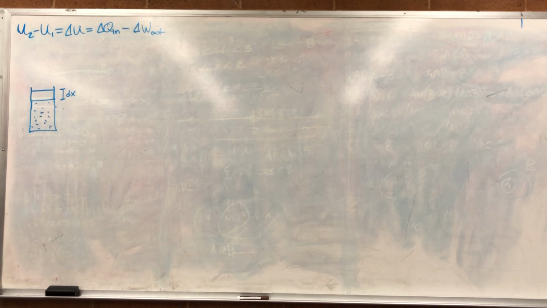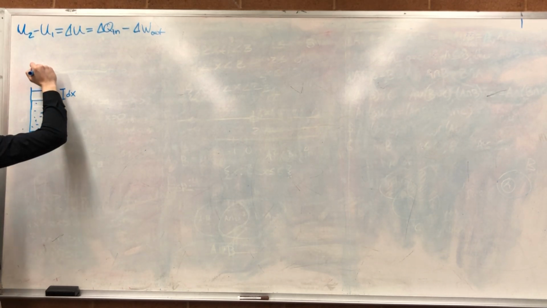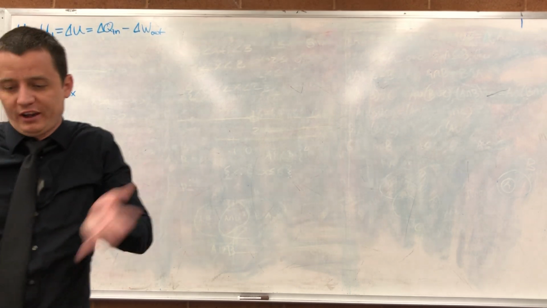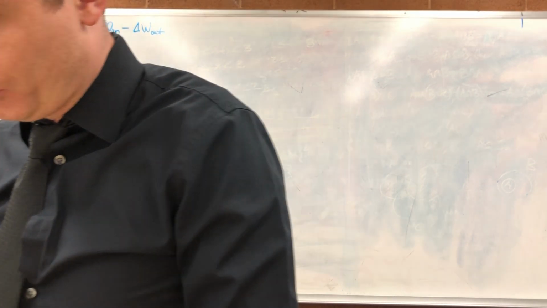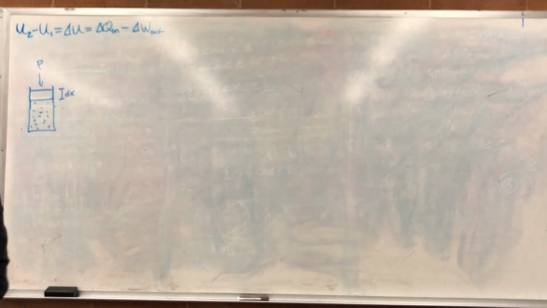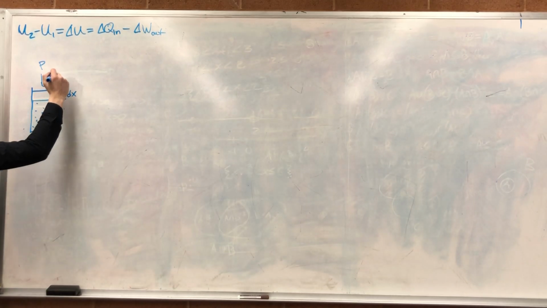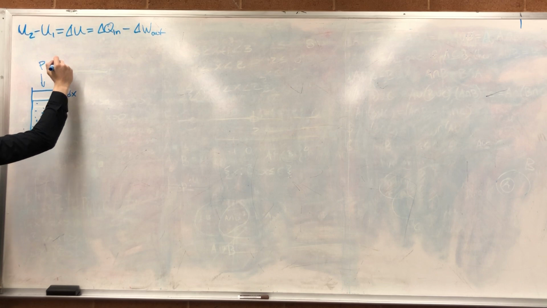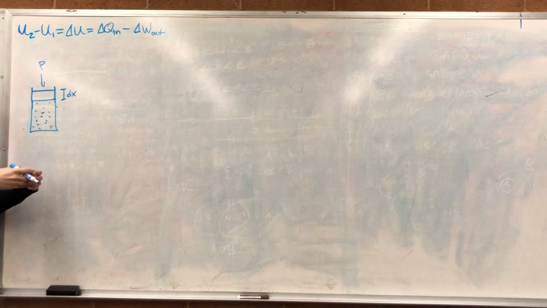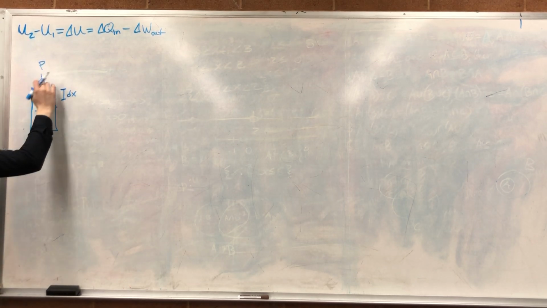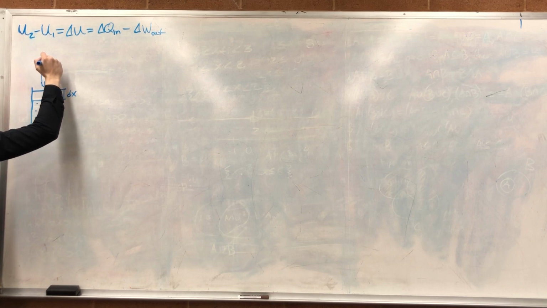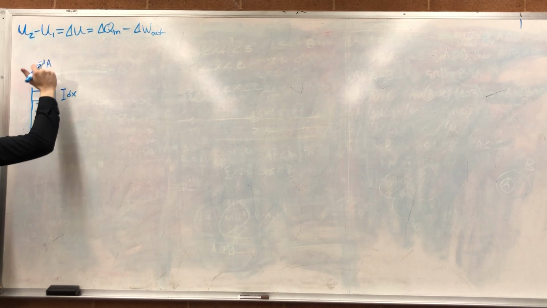And we'll say that the pressure that was being applied on the piston from the atmosphere, whatever it's in, is P. And we'll say that the cross-sectional area, this is a cylinder, is A. So you have pressure pushing down. I'll just say pressure times area pushing down and call it the force.